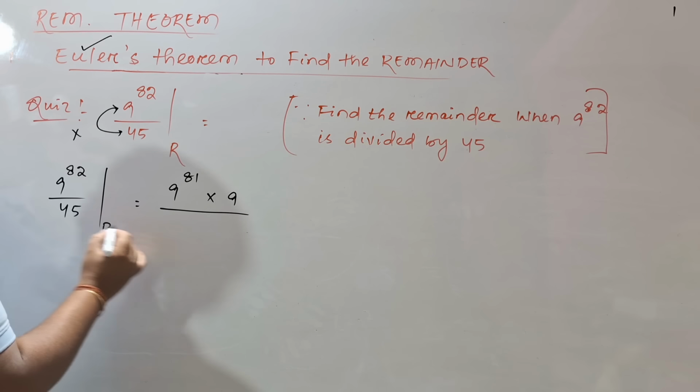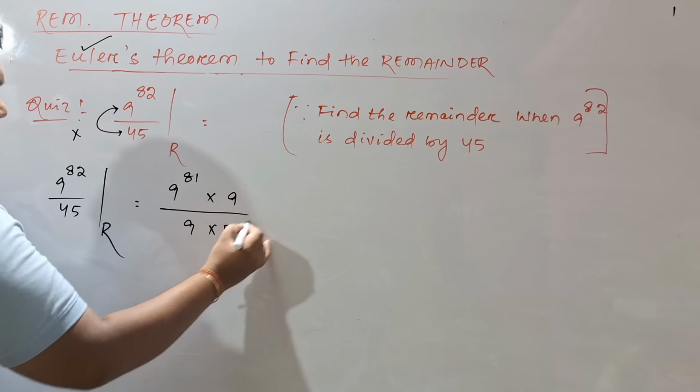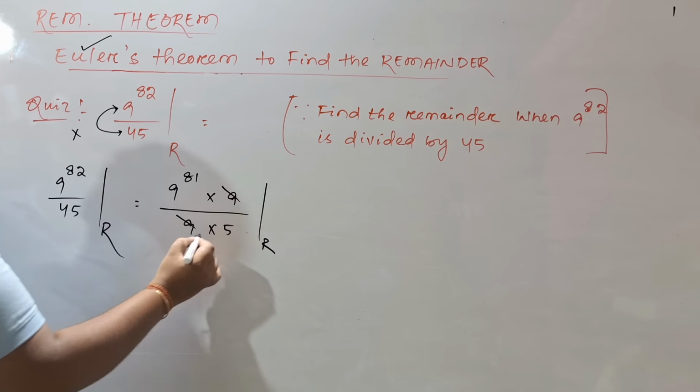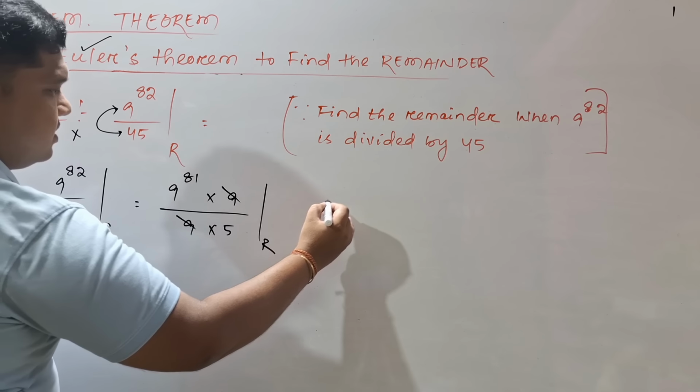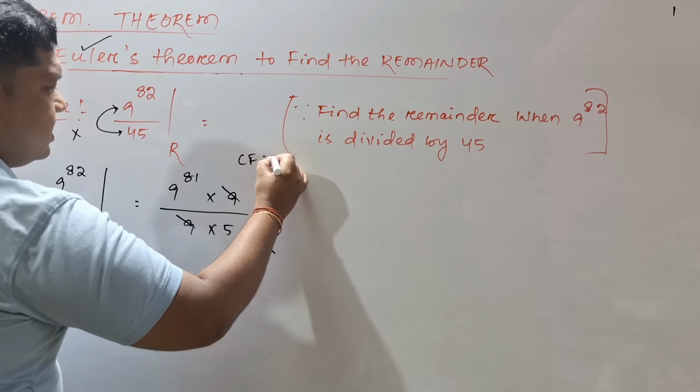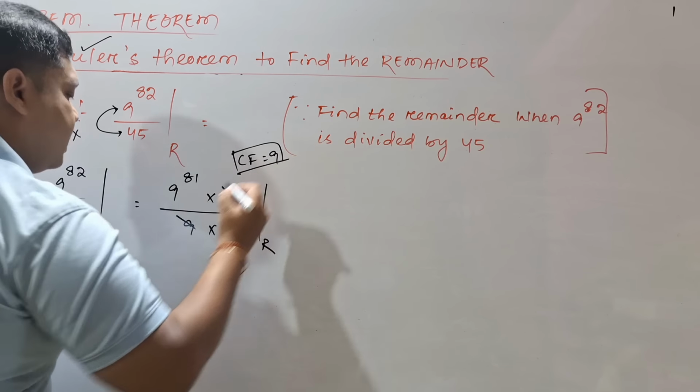When it is divided by 45, meaning 9 into 5, these two get cancelled. So here the cancellation factor is 9. You can remember the cancellation factor as the number by which you simplify.